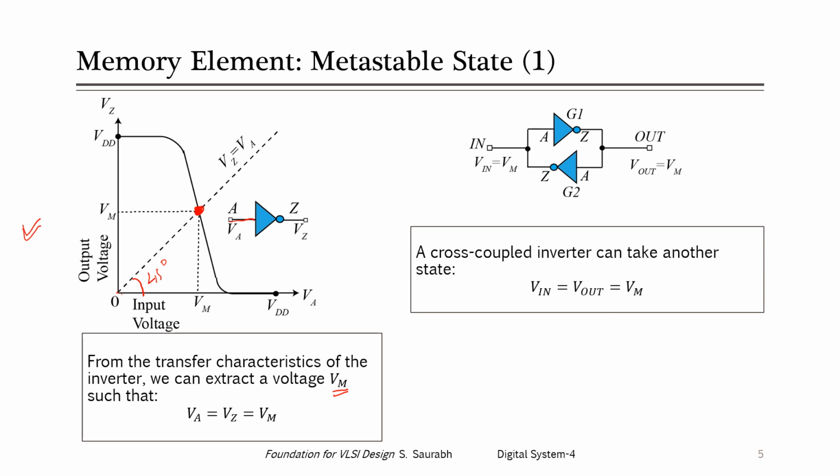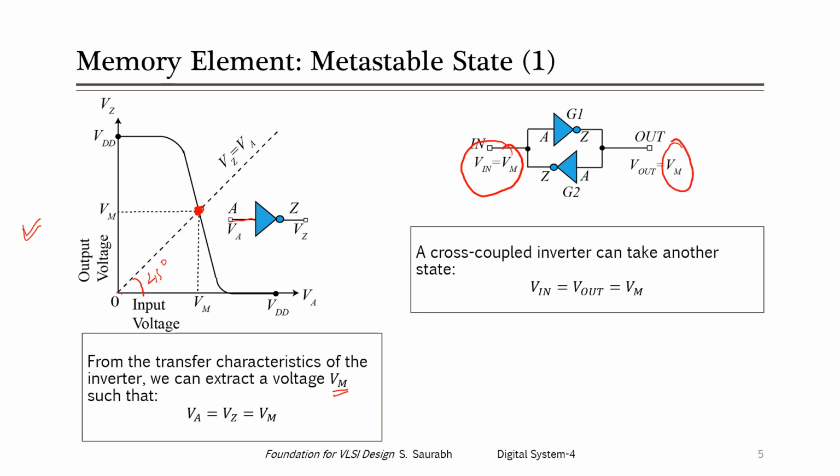So a cross coupled inverter can take another state, Vin equal to Vout equal to Vm. If we apply Vm at the input, what will be the output produced by G1? As per the transfer characteristic, it will be Vm.